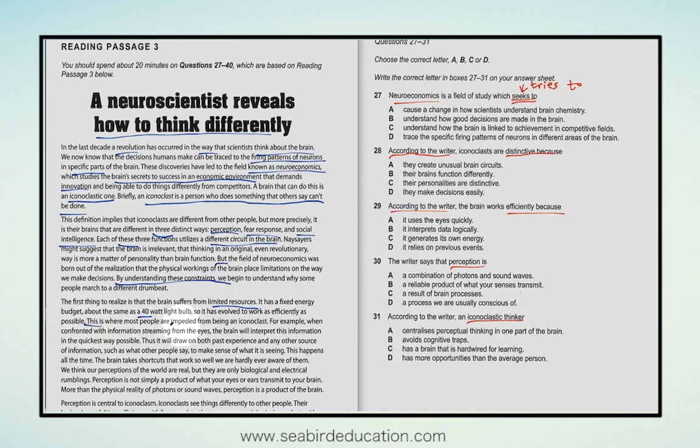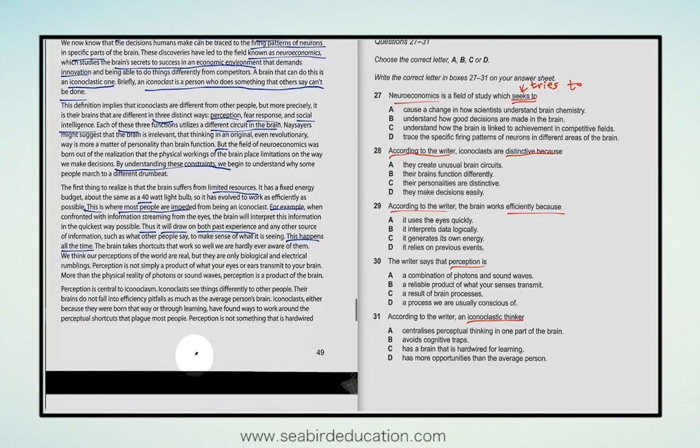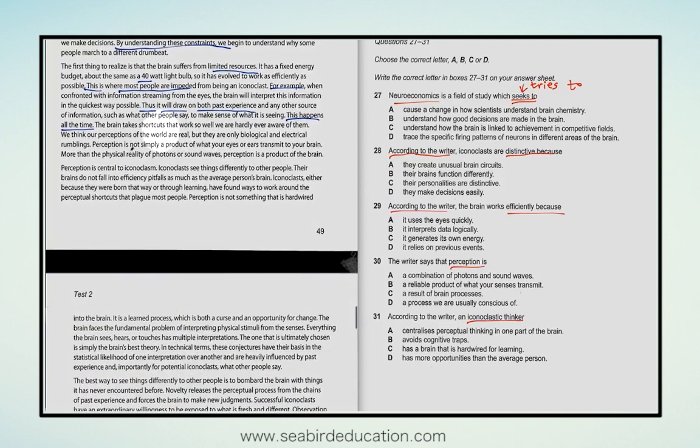This happens all at the same time. We think perception. Perception is central to see things differently to other people.